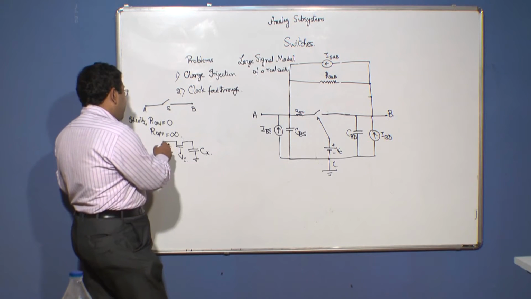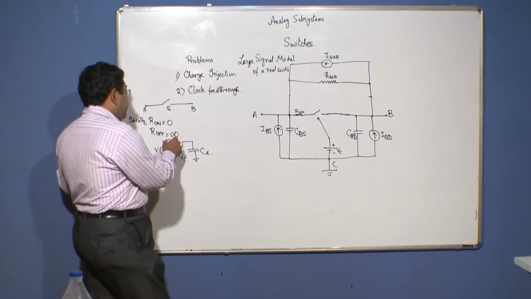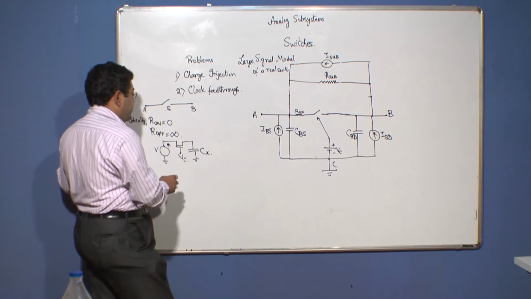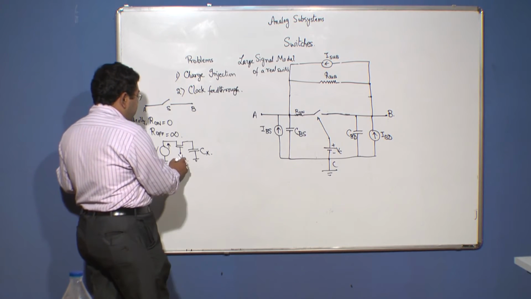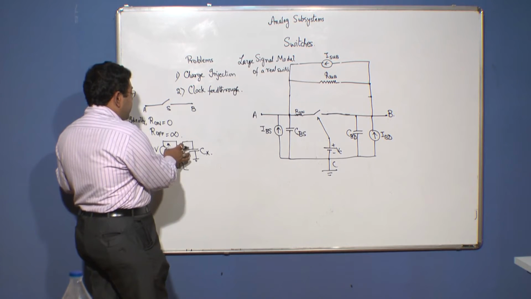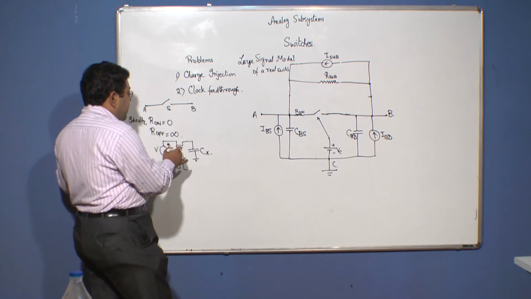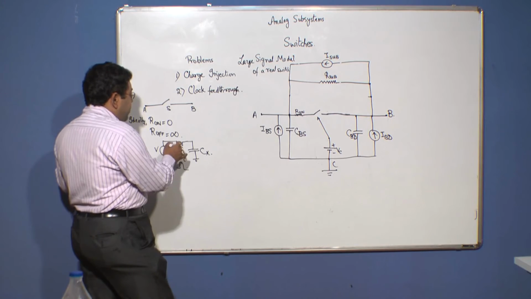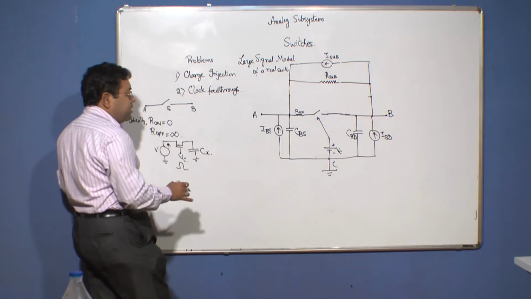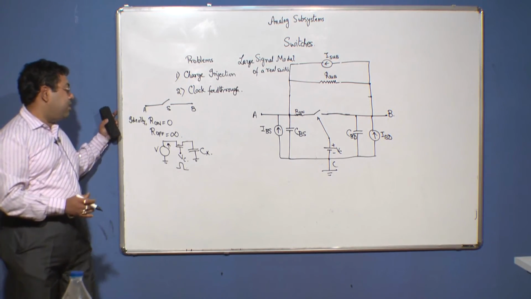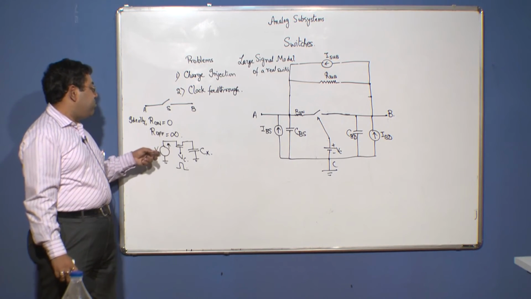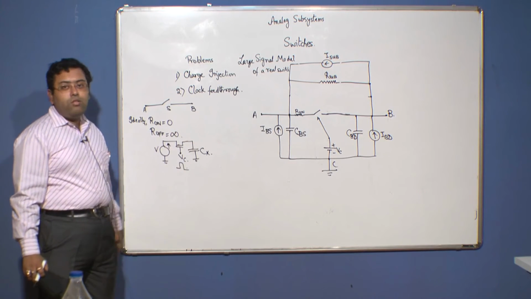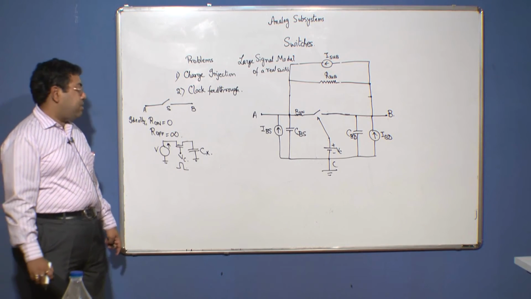When Vc is 1, this power supply will charge up this capacitor through this switch. But the moment Vc equals 0, this transistor will go into the cutoff region, and because of this, the charge that was there in the surface between the oxide and the substrate, a part of the charge goes back to the source, and the rest actually goes back to the capacitance Cx.